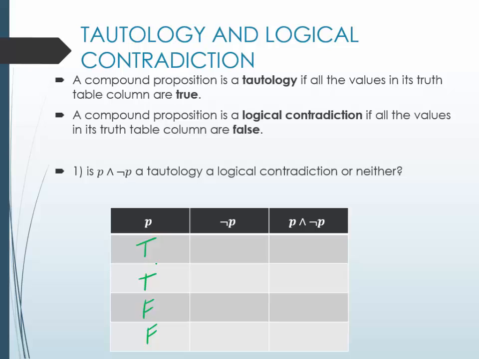So let's go ahead and continue doing that. And negate P is going to be the opposite. So Molly, what would that be? False, false, true, true. And Molly, since it looks like you've already finished it, what would our last column be? False, false, false, false. This is a logical contradiction.